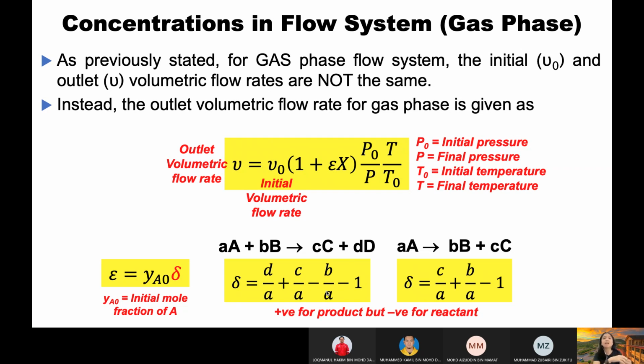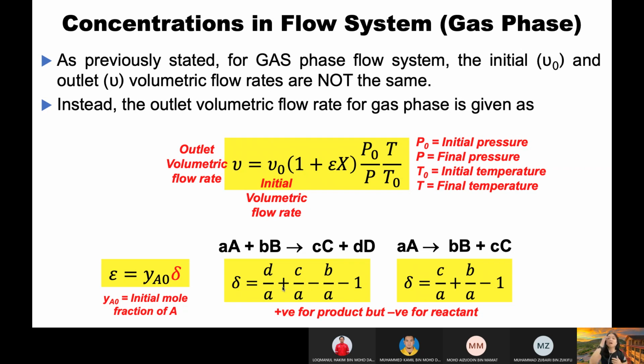Okay, so now you will realize kenapa, sebab pengiraan dia pun dah tak straightforward. Sebab tindak balas ni, kalau fasa gas, okay, pengiraan dia kena tambah lagi faktor-faktor lain yang we have to consider. Okay, so what's sigma? Sigma is basically the ratio of your stoichiometric coefficients. So, stoichiometric coefficient itu adalah nombor di hadapan compound dalam tindak balas. So, the ratio stoichiometric coefficient ni pula, kalau kamu perasan saya letak ada tambah, ada tolak.